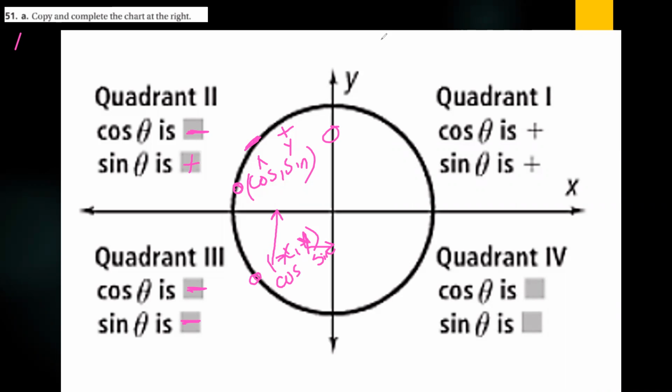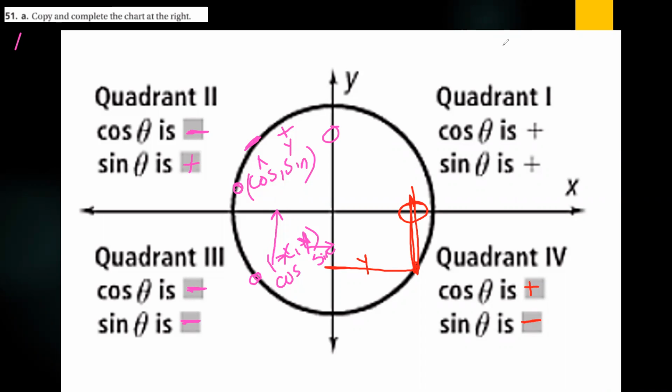Let's go now to quadrant 4. In quadrant 4 here, we have positive x-axis and negative y-axis. So that means the cosine is positive and the sine is negative.